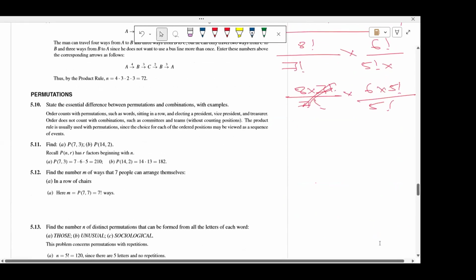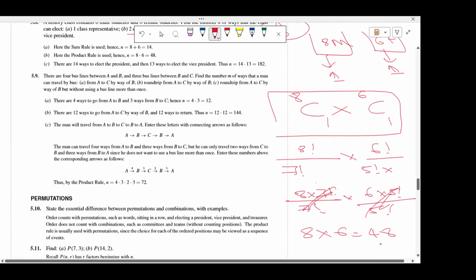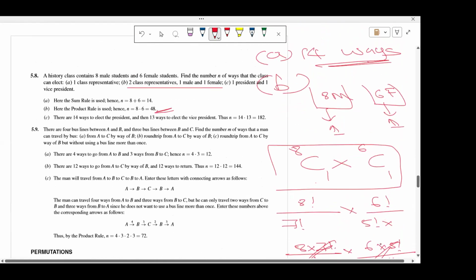So the answer is 8 into 6, 48 different ways we can select the student groups.